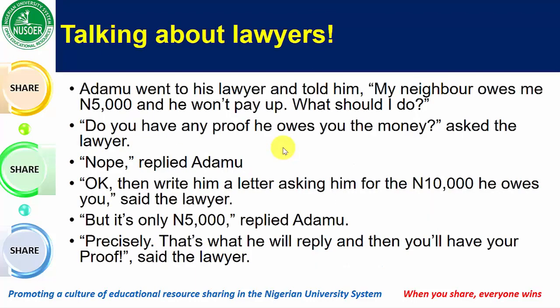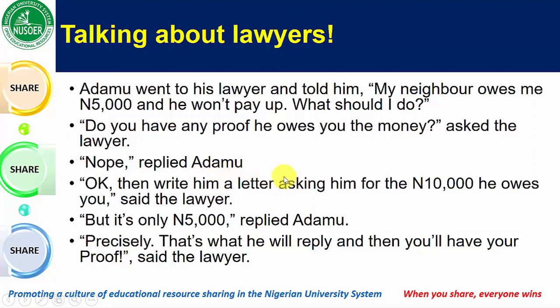Talking about lawyers, now there's a story of Adamu. Adamu told his lawyer, see, my neighbor owes me 5,000 naira and the man just wouldn't want to pay up. So what do you think I should do? The lawyer asked him, do you have any proof, Mr. Adamu, that he owes you that money? Adamu said, no, I don't have any proof. Okay then.